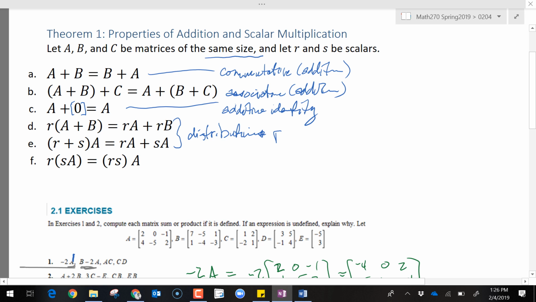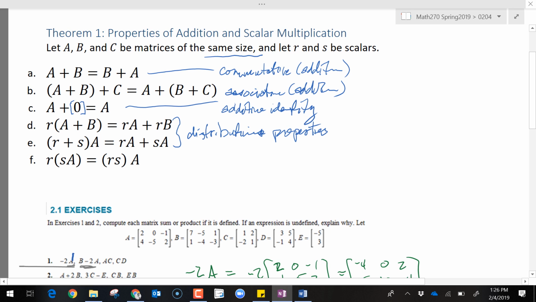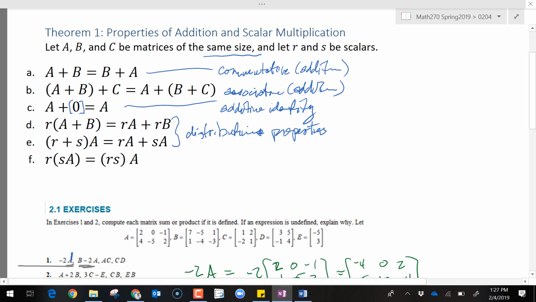Distributive properties. And then this one is another associative property, but with scalars. Okay.